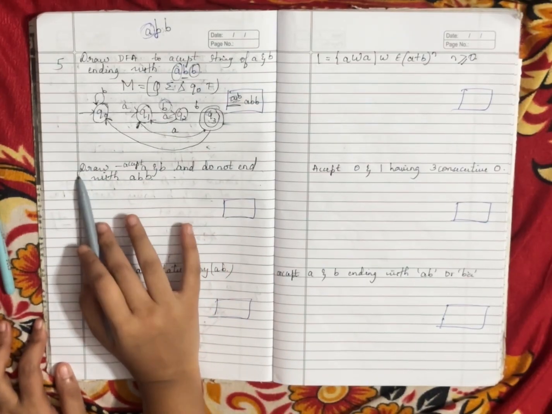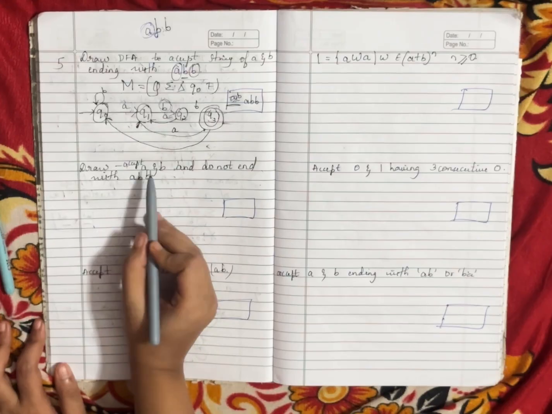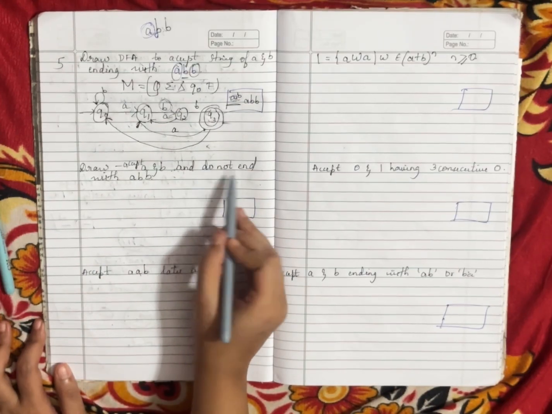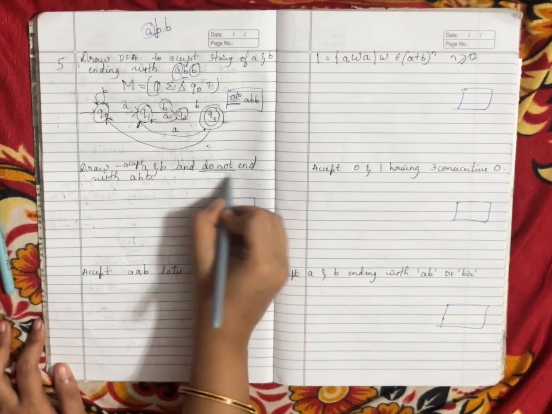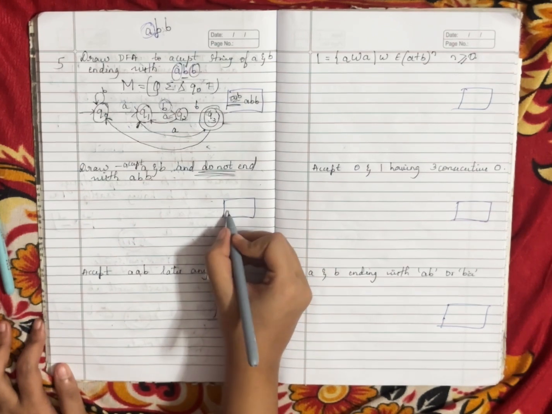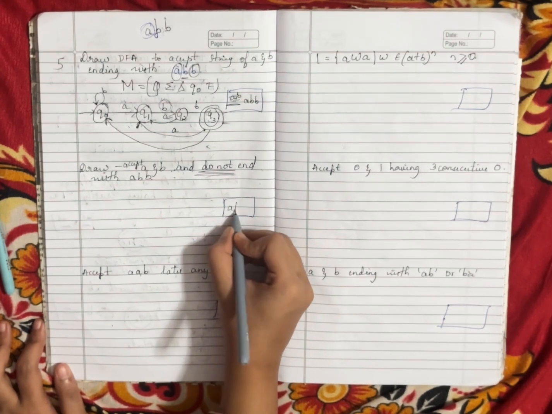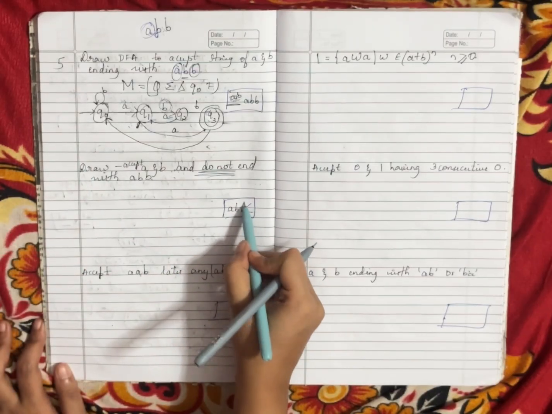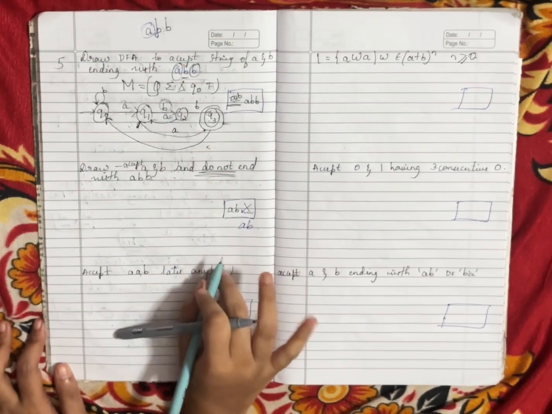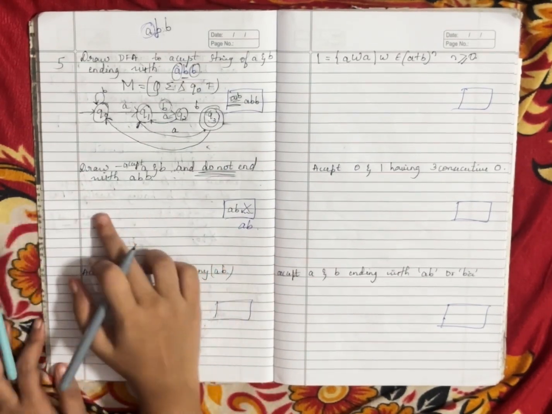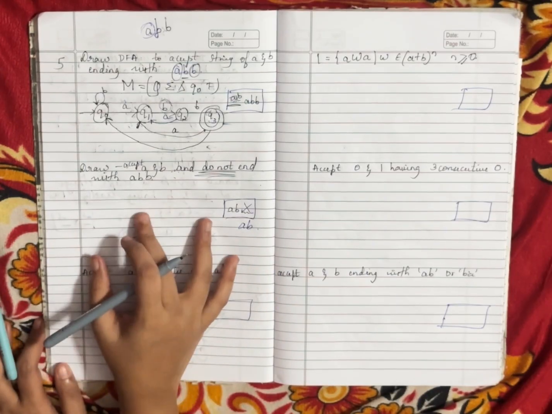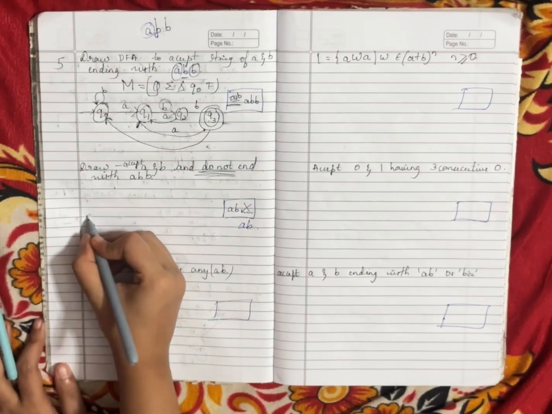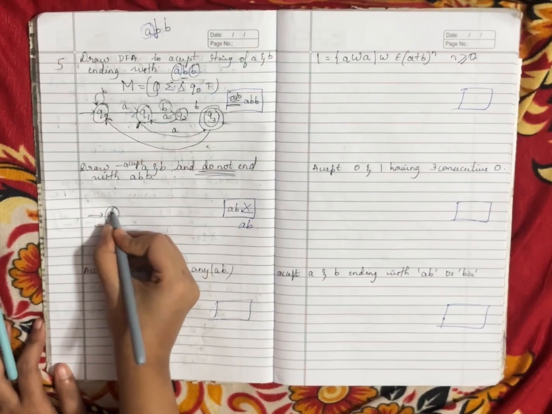Then, draw a DFA which accepts both A and B and does not end with AB. They have told us that in the starting it can be A or B, but at the last it should not end with AB. That is the condition, right? So in the starting it can accept A and B. Let me draw that first. Q naught.